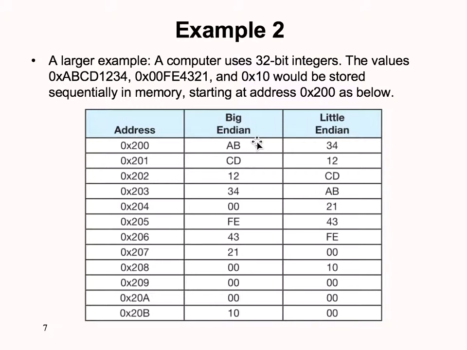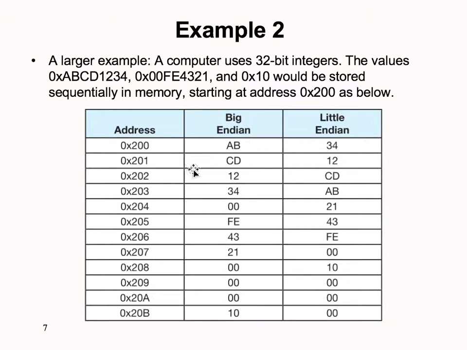With the big endian representation, the information of the first number, the most significant byte AB, is represented first at the lowest address, 200, and the next address, 201, is used to store the second most significant byte, CD, and so on.